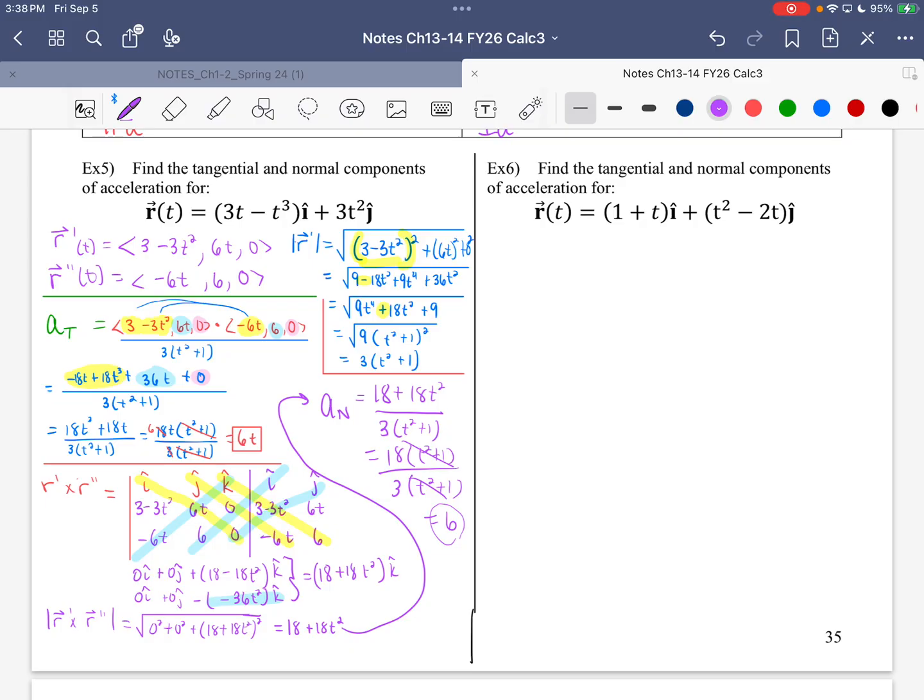It's a little horrifying. Oh, I need to give you back all of your quizzes. Do you want to know if you're right or not? Let's see. I did not factor the bottom at all. So AT I got 4t minus 4 over the square root of 4t squared minus 8t plus 5. Does that factor?